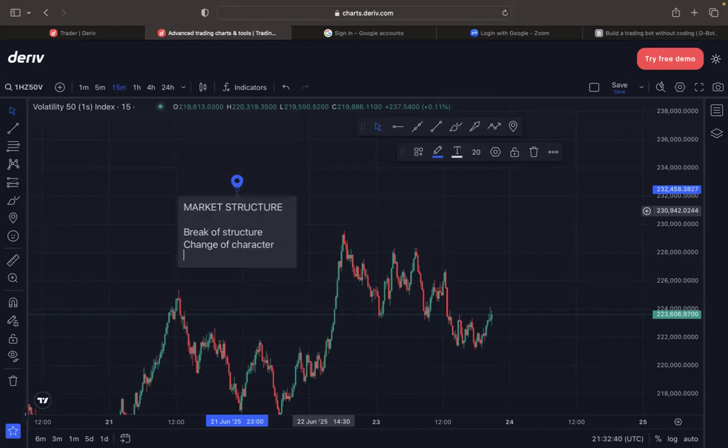Break of structure, change of character, and then what do we need to understand again? We need to understand fair value gap. We need to understand order block, and then we need to understand liquidity.